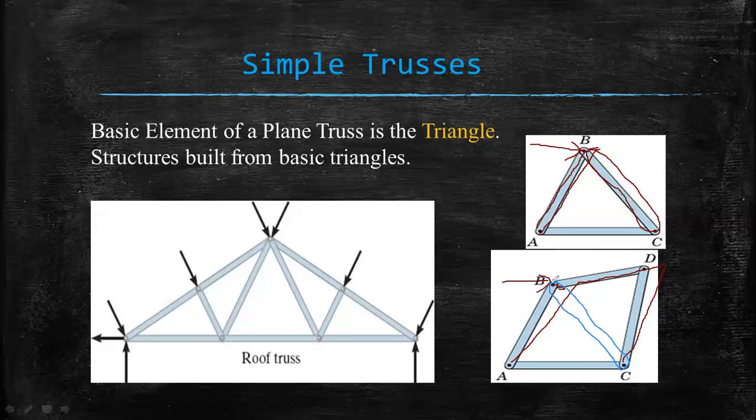This member is under compression. If you try to pull this section to this side, this part will be under compression, and in order to sway in the right direction, these members must be shortened, which is very tough in comparison to the previous case where there was no internal joint between this B and C link.